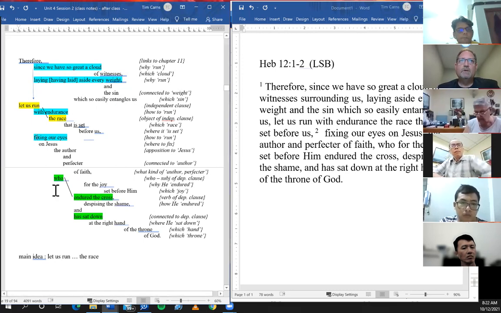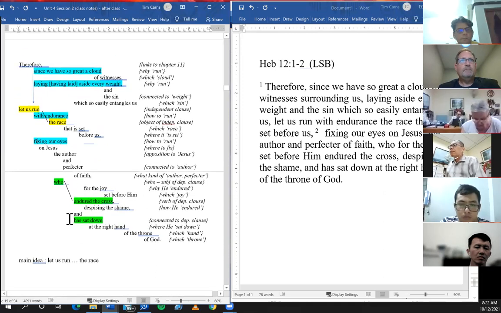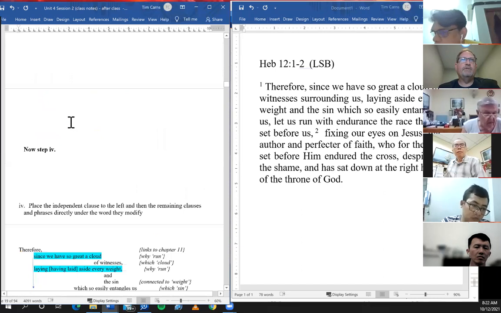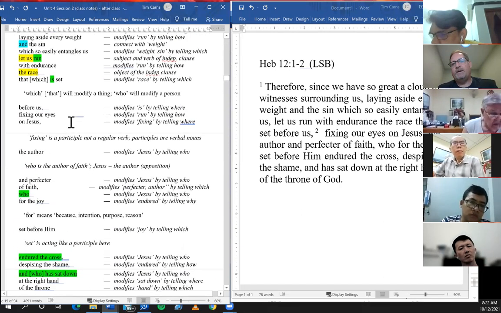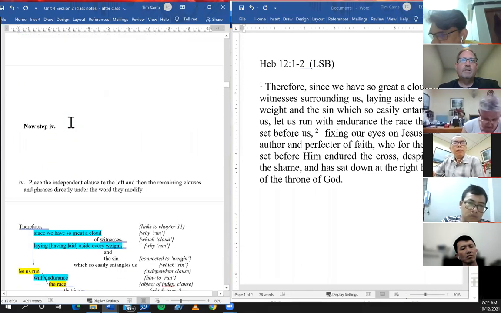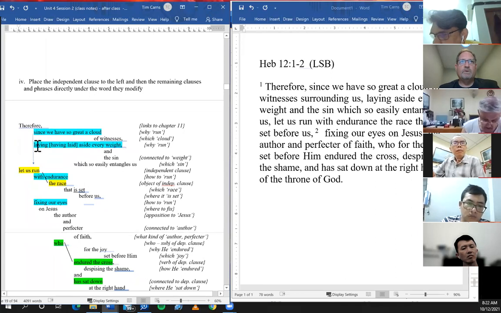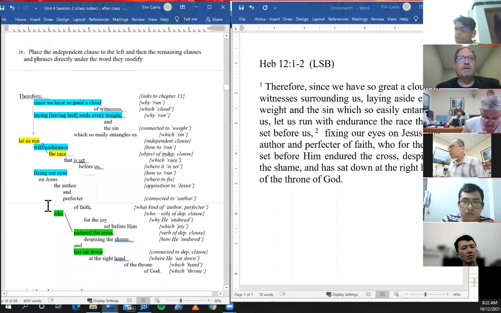Again, I want to come back to this in a minute, but this step is simply taking what we did under the third step, which is identifying what each phrase and clause modifies and how, and simply moving that phrase or clause, indenting it compared to the word that it's modifying. And then we have the visual representation of the passage.